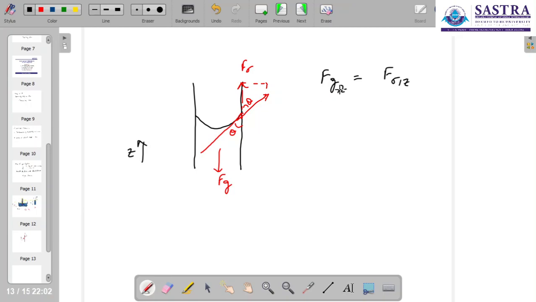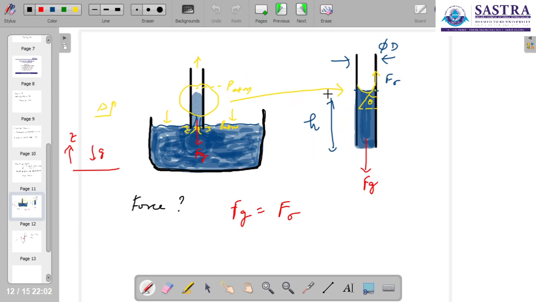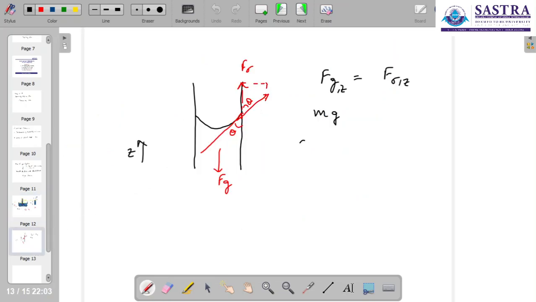Now, how do we get the gravity force acting on this column of fluid? That's basically the mass of the fluid times the acceleration field. The mass of the fluid in this column can be approximated using the height of the fluid and the diameter of the capillary. So it is the density of the liquid times the volume of the liquid in this capillary times g.